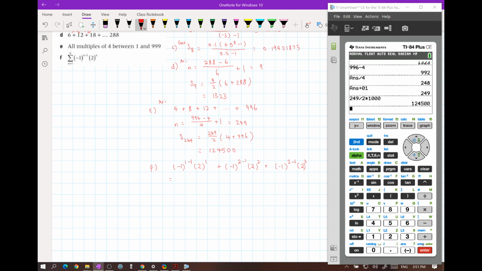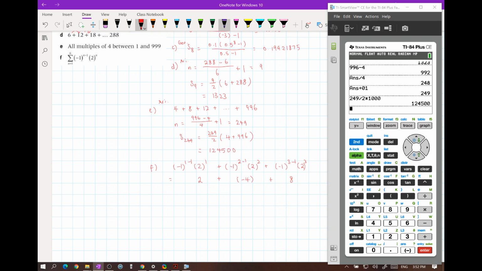So here this will be to the power of 0, so that would be 1, so that's just 2. The next one I'll have negative 4. And then if I continue on, this will be positive 8.